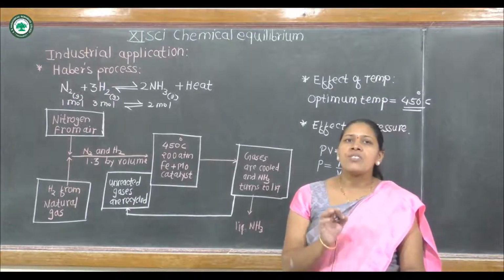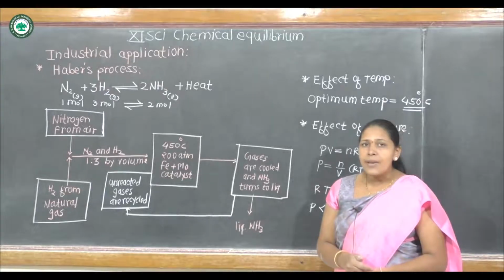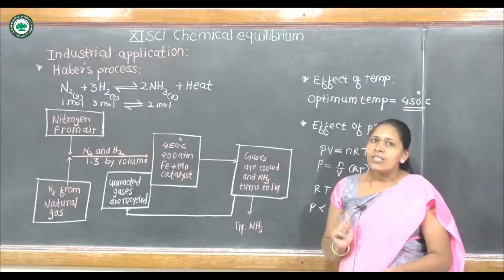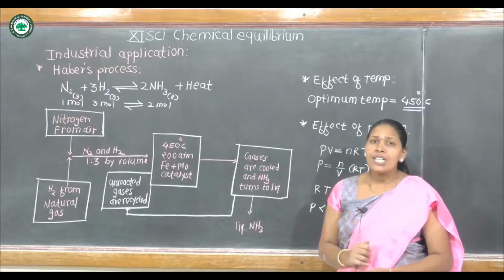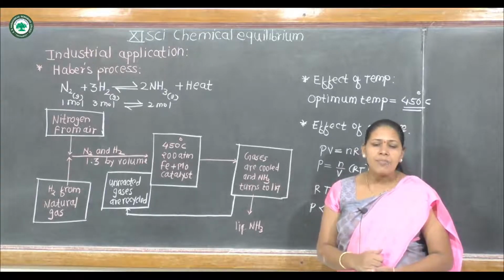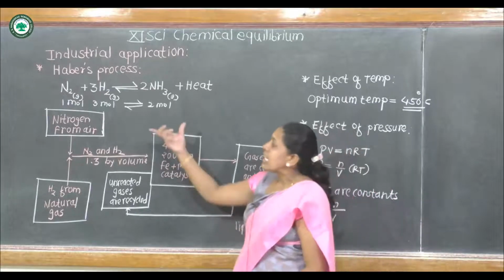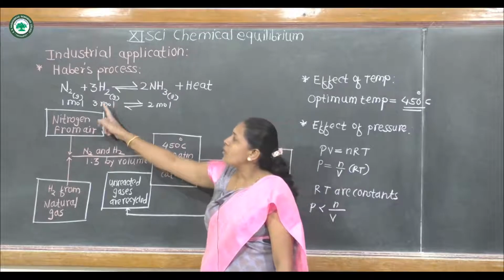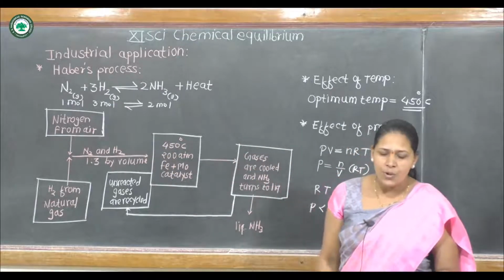Therefore, the forward reaction is favored by high pressure. If high pressure is applied to the reaction at equilibrium, then the forward reaction is favorable, because it proceeds with a decrease in number of moles from 4 moles to 2 moles. It increases the yield of ammonia.